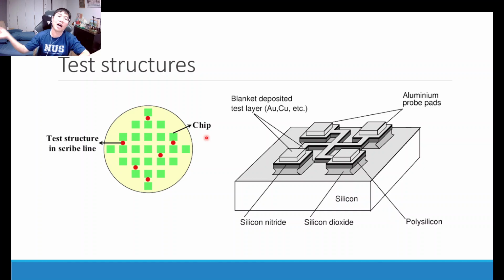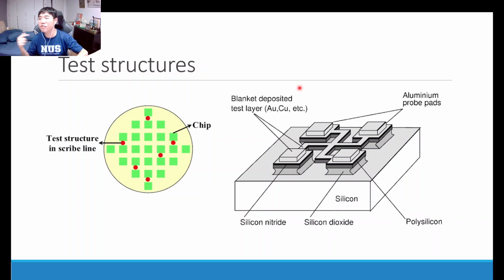So often we design test structures in this scribe line. These test structures are simple structures of certain metals, maybe sometimes simple patterns that are being created. And these patterns normally have dimensions comparable to your device dimensions in your chip.